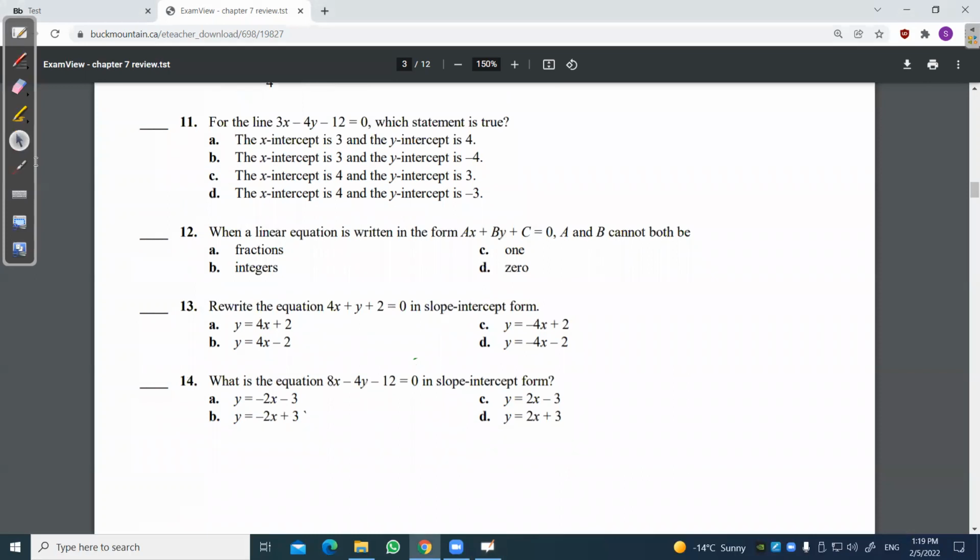Number 12, when the linear equation is written in this form, a and b cannot both be what?